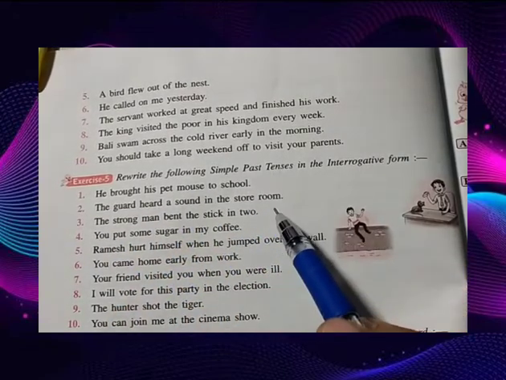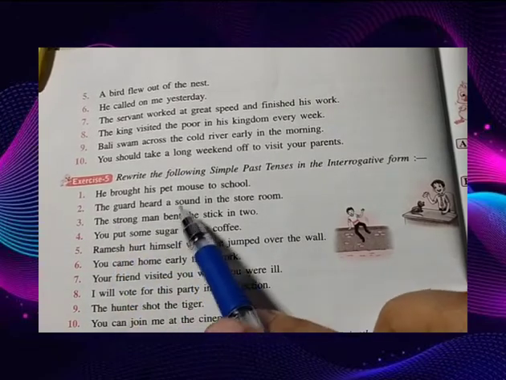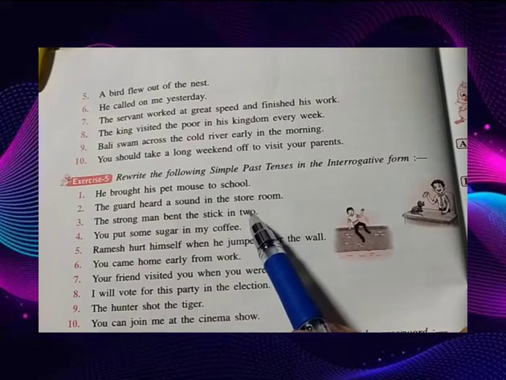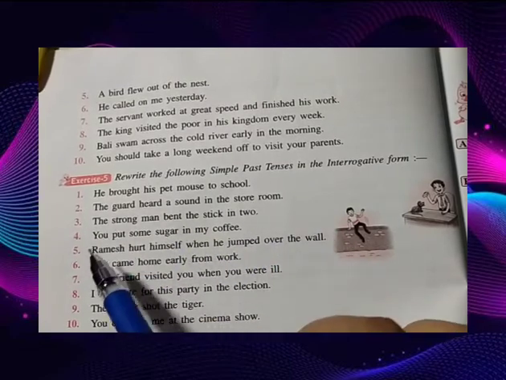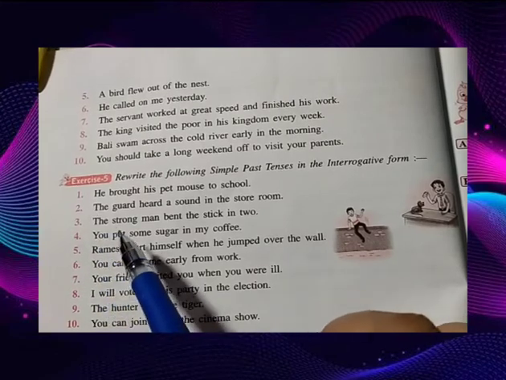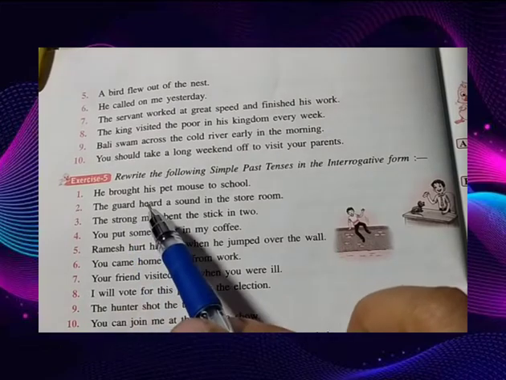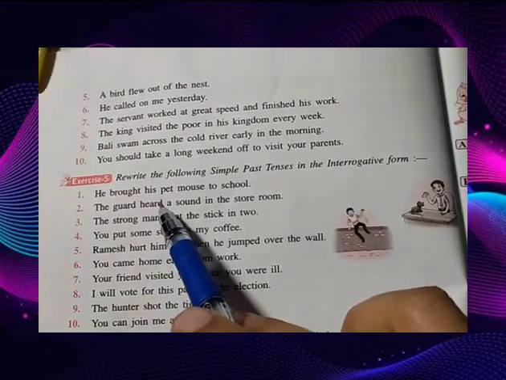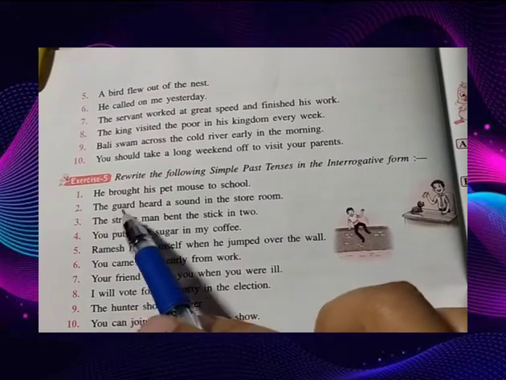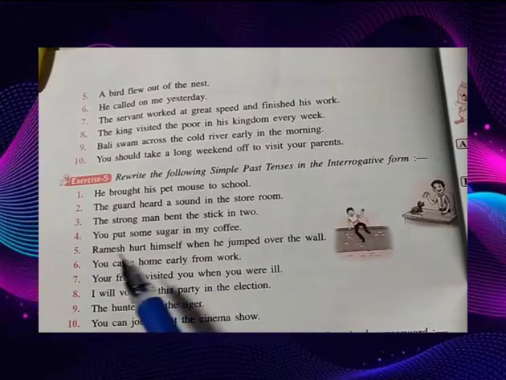Then question mark. In the second sentence also, the guard heard a sound in the storeroom. As I told you, did. Then subject. So did, the subject is the guard. Then first form of the verb, heard, will change into hear. So did the guard hear a sound in the storeroom?